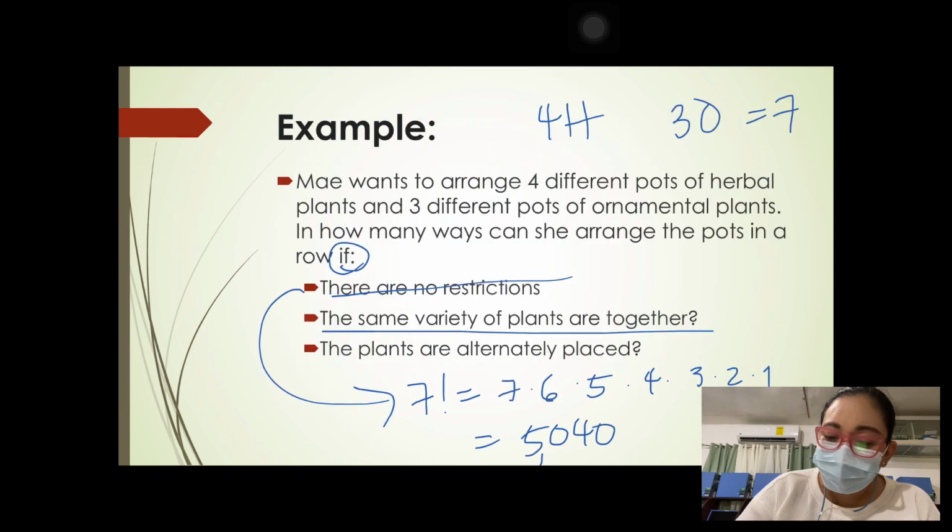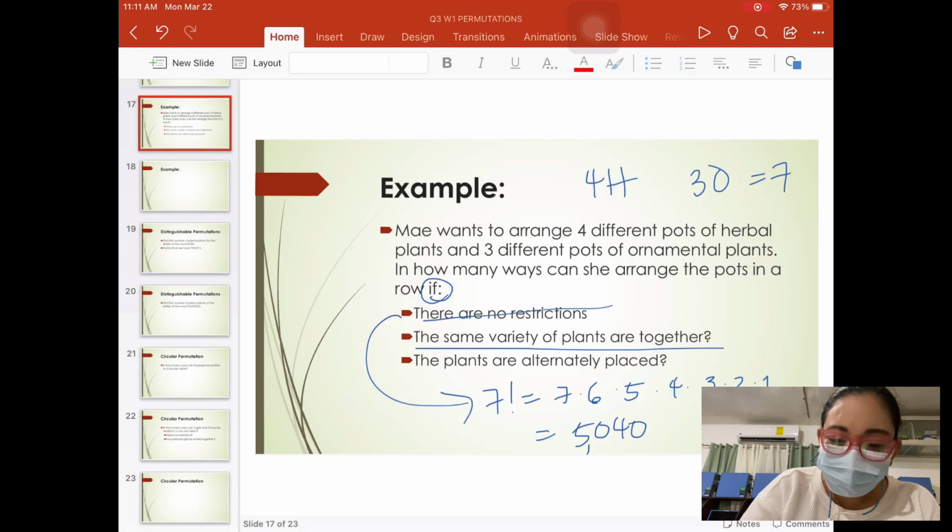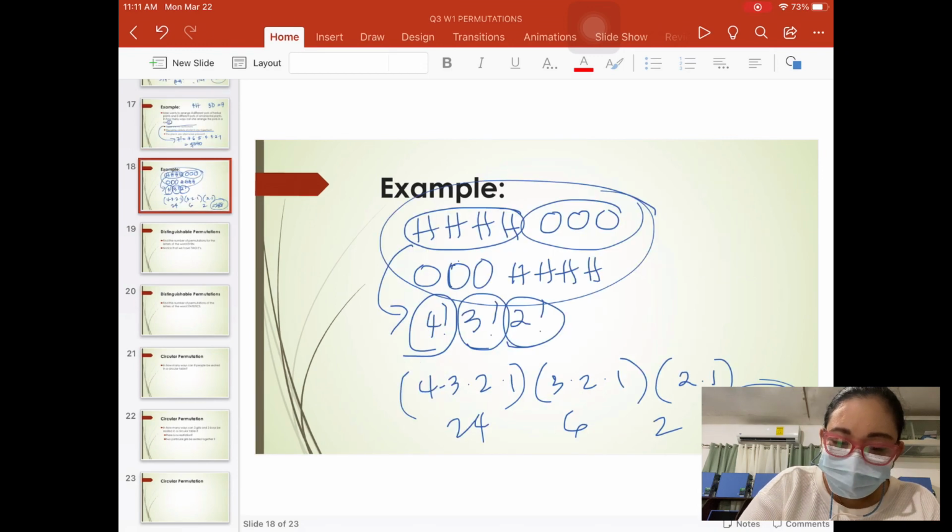So, problem number 3. The plants are alternately placed. Ang sabihin ng alternately placed, you have ganito. Let's have, sorry, naubusan kasi tayo ng slides. Ito-duplicate ko lang to.